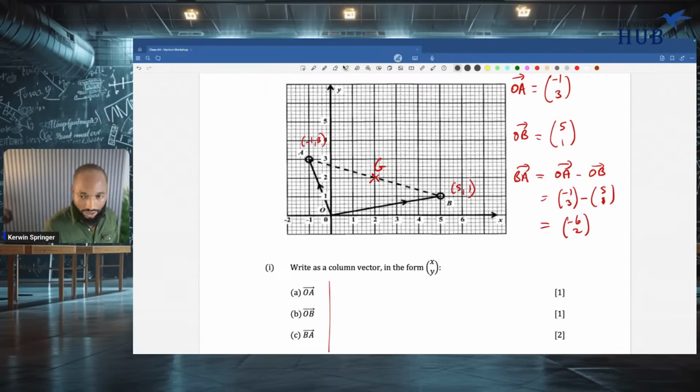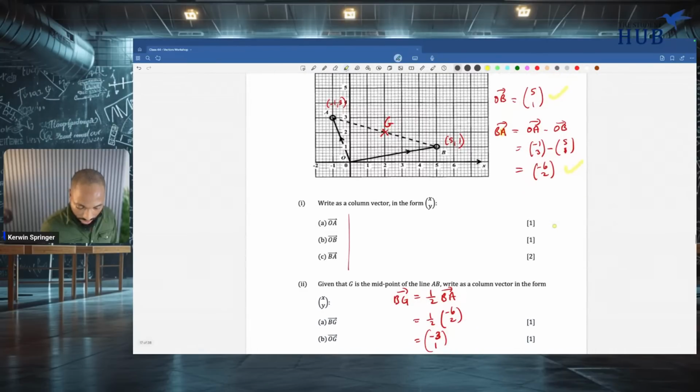Too fast? You all understand the OA, the OB, and the BA, right? BA is OA minus OB. OA, A was second, OB. All of that is good. And then we went on to find G, the midpoint.